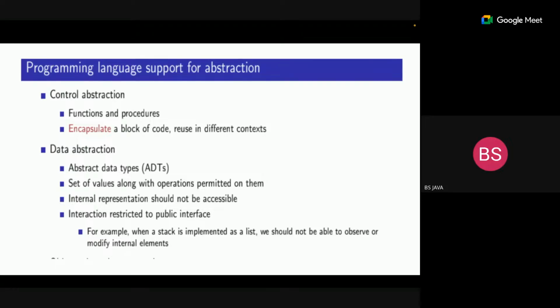We don't have to define it again and again. That is one good thing. Control abstraction relates to the function because we can call the function, but we don't care about its implementation. And for data abstraction, we already discussed abstract data types where we will have some kind of stack or queue, and there will be some functions associated with it, and we can do only those functions on these data types.